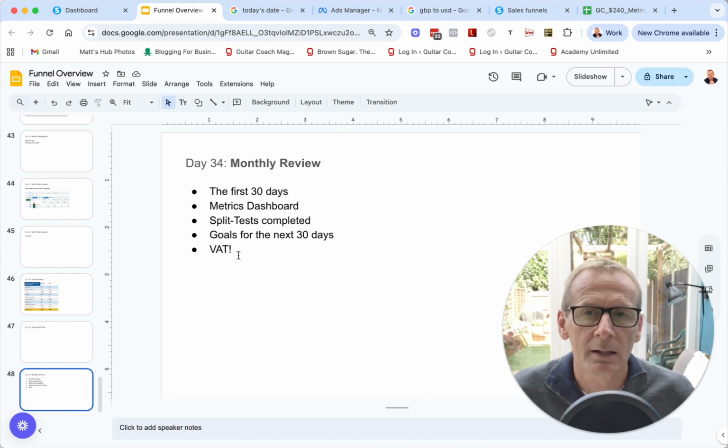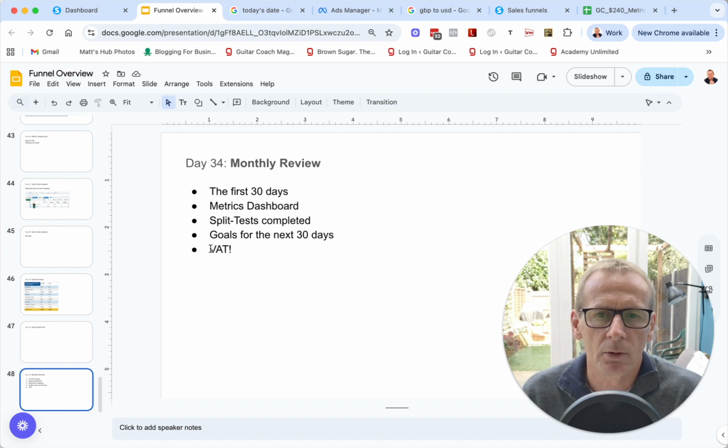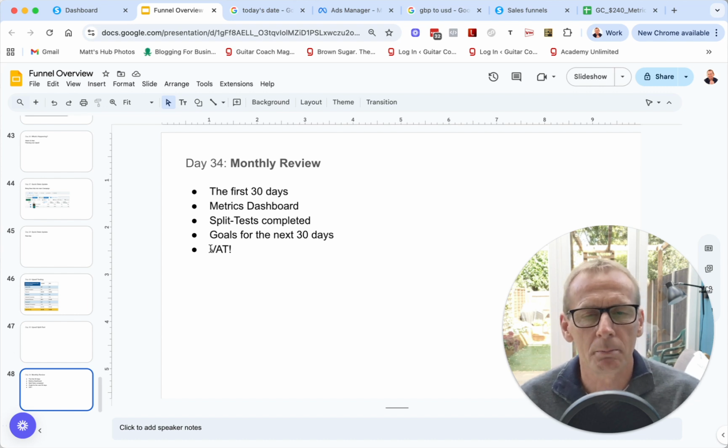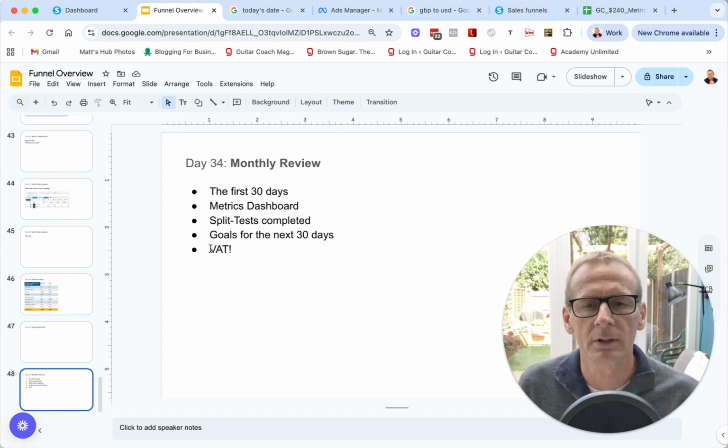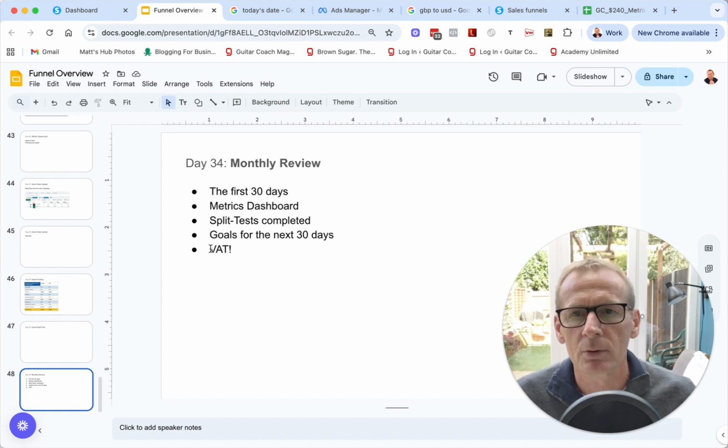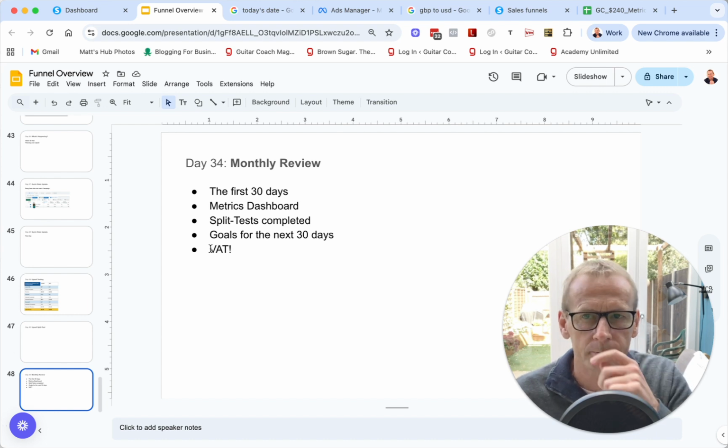Whilst I can claim the VAT back on the Facebook ad side, I've not yet got an understanding of the impact this will have. Inevitably, it will hit profits to a certain level, but I need to be a little further on before I decide whether I need to change my pricing as a consequence of this added sales tax. But we'll come to that as we progress through the coming month.